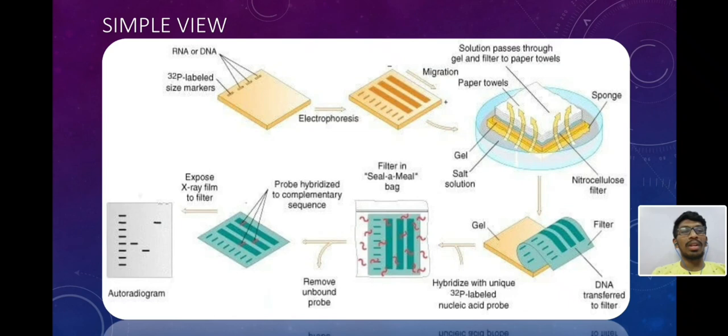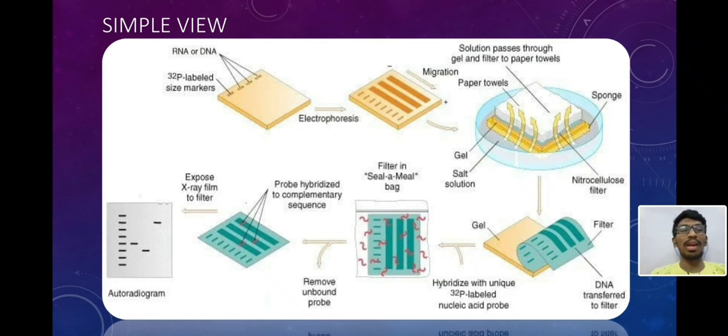Below the agarose gel plate, a sponge is placed. Through the sponge, the solution is passed by capillary action, and the solution takes the DNA fragments from the gel plate to the nylon membrane.